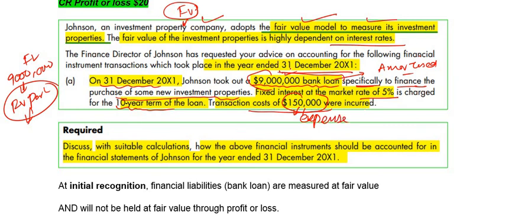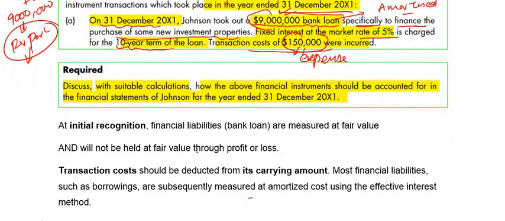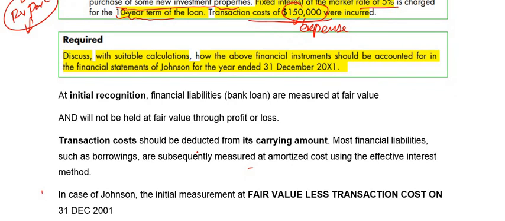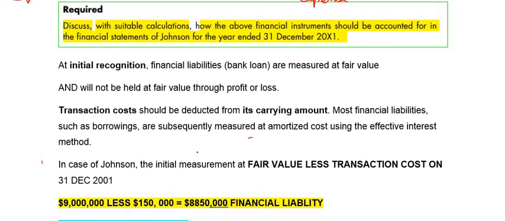Now this loan is also measured at fair value to profit or loss. Discuss with suitable calculations how the above financial instrument should be accounted for in the financial statements of Johnson for the year ended 31st. Now at initial recognition, the financial liability, the bank loan, will be measured at fair value to profit or loss.